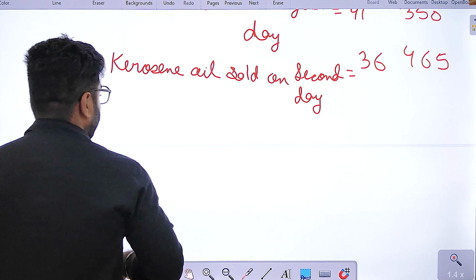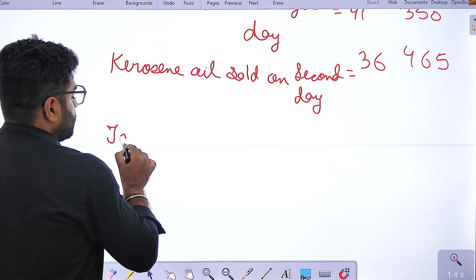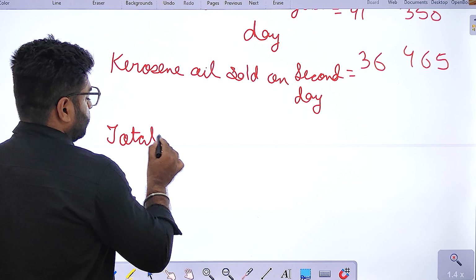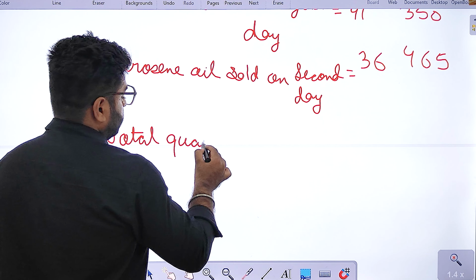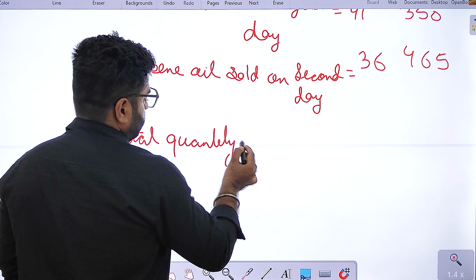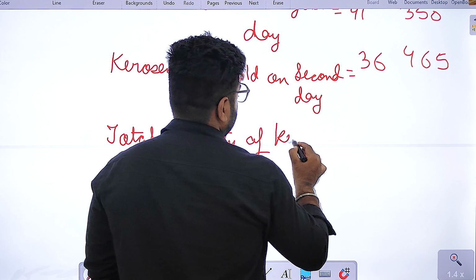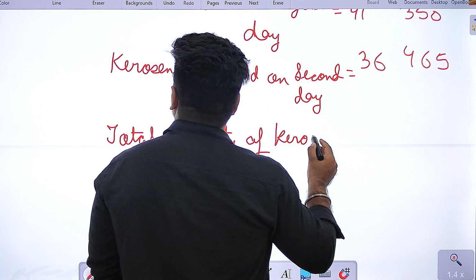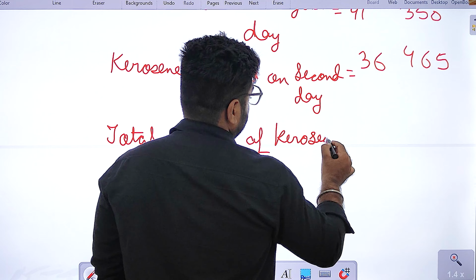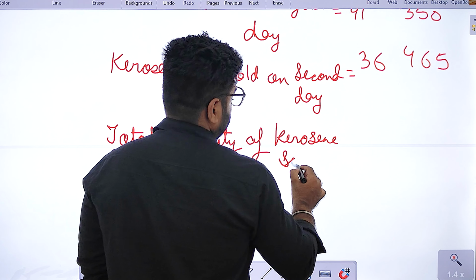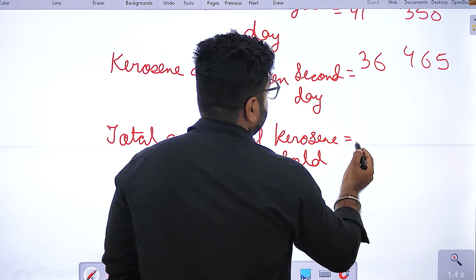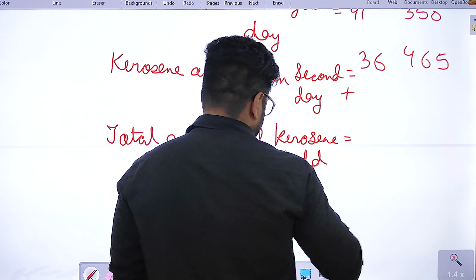So first thing we have to find out is the total quantity of kerosene sold. So we are going to add them.